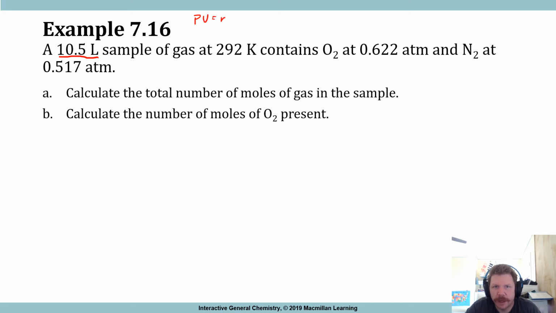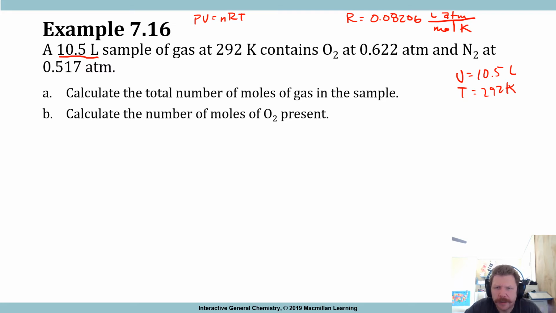Let's go ahead and start with a couple of things. PV equals nRT. R is equal to 0.08206 liter atmospheres per mole Kelvin. V is equal to 10.5 liters at a temperature of 292 Kelvin.